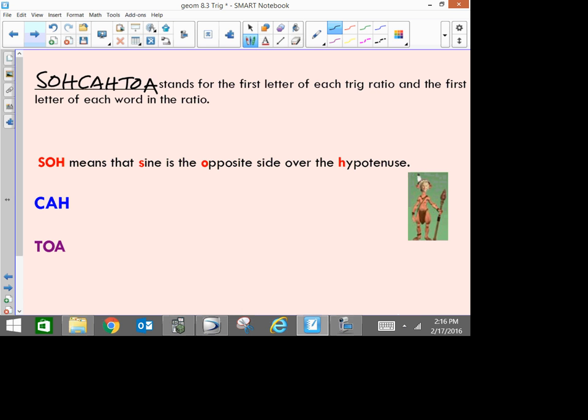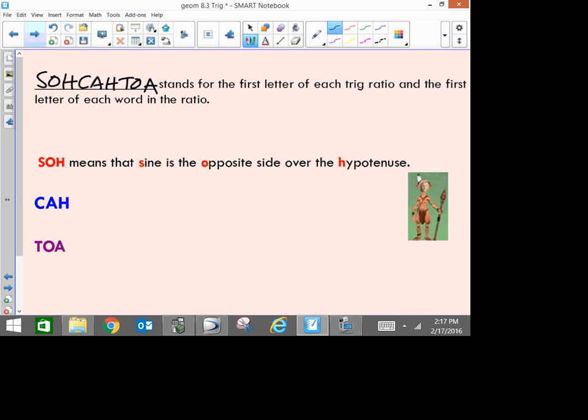It's been around since I was your age, so that's been a long time. This is one time when spelling does count, because if you spell it wrong, you won't get the benefit from knowing the acronym.